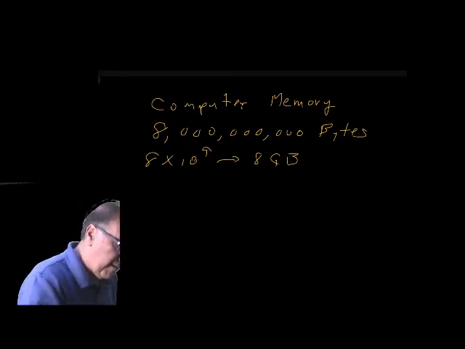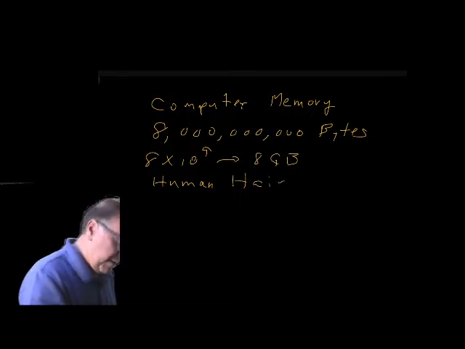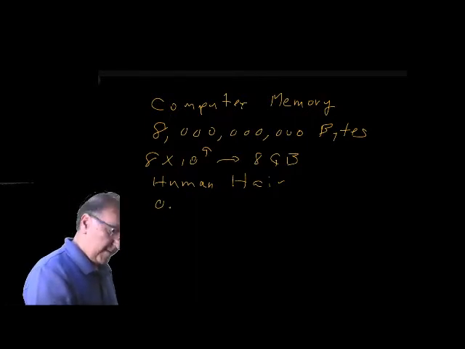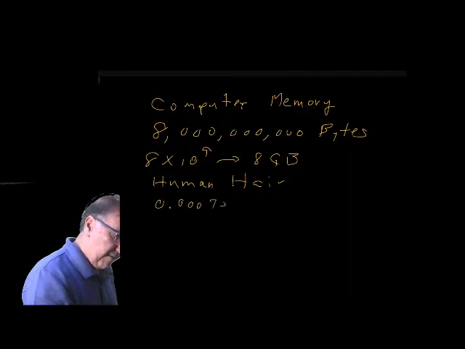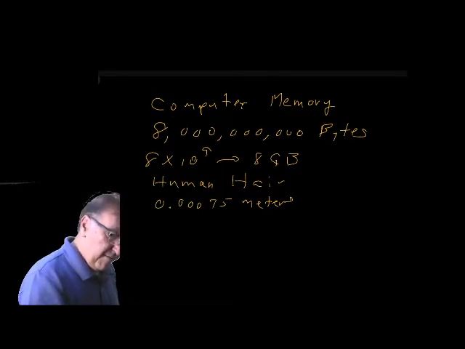Let's take a human hair. That would be 0.000075 meters. And if we want to write this in scientific notation, let me get a different color here.